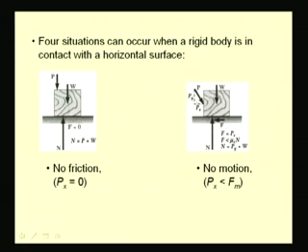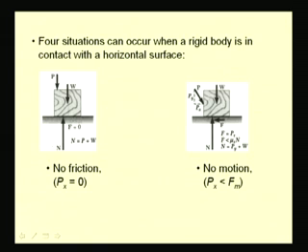Here one should know that this frictional force F is not equal to mu times n. Mu s times n is the maximum limiting value, and when the object is not in the impending motion state, this frictional force is less than that, and it is only equal and opposite to the forces that tend to cause the motion.